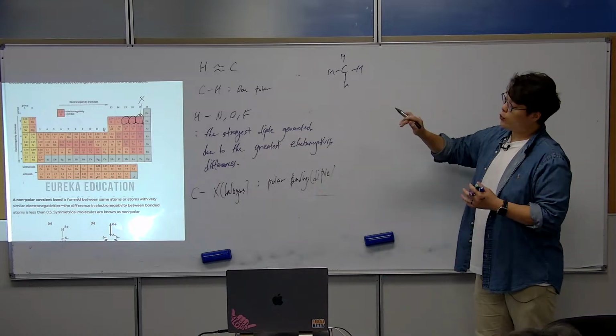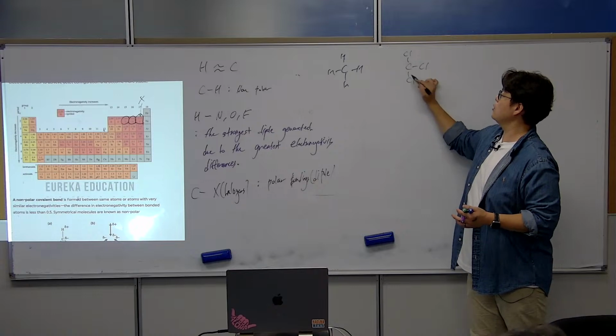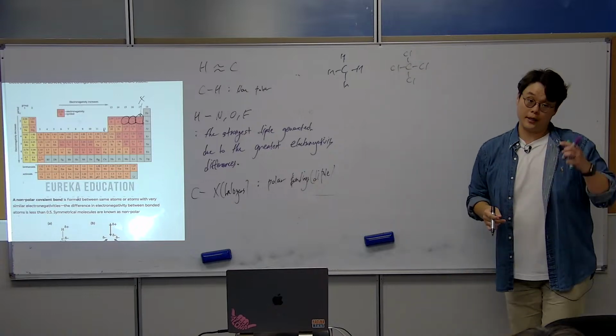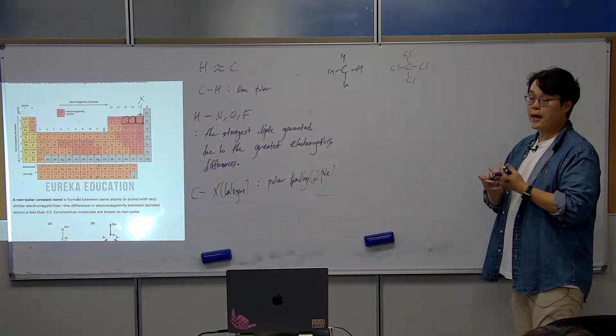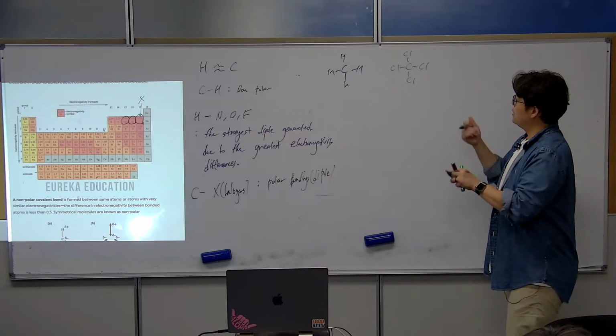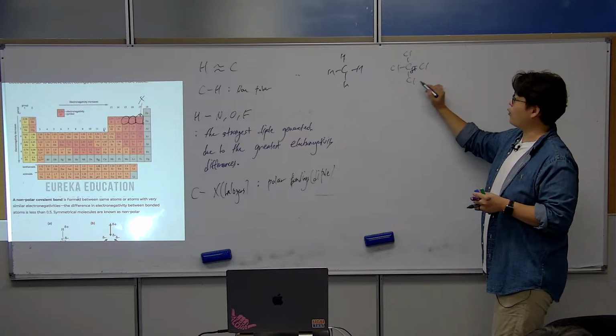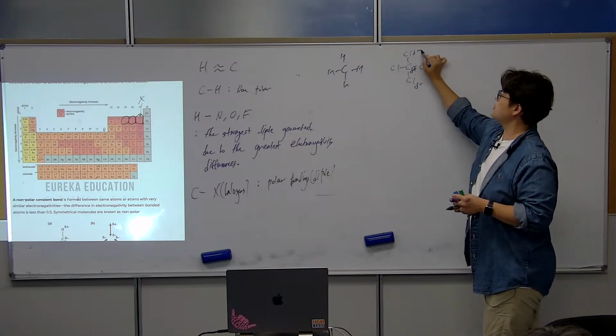So instead of having hydrogen, if we have chlorines attached like this, carbon tetrachloride, this would have some polarity, which means the carbon inside would be partially positive and the chlorine outside would be partially negative like this.